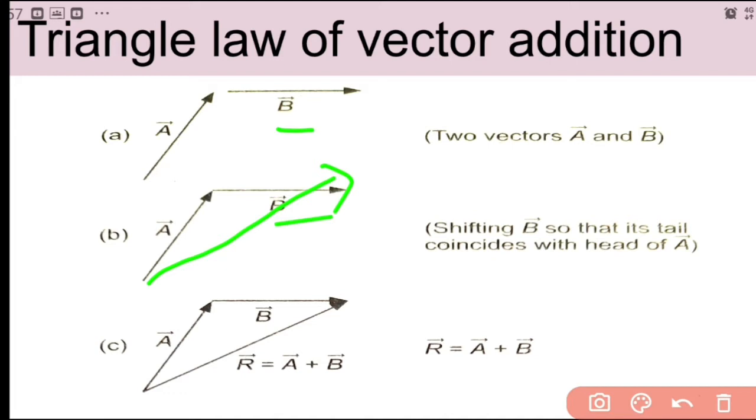Here R stands for resultant. So resultant R is equal to vector A plus vector B.